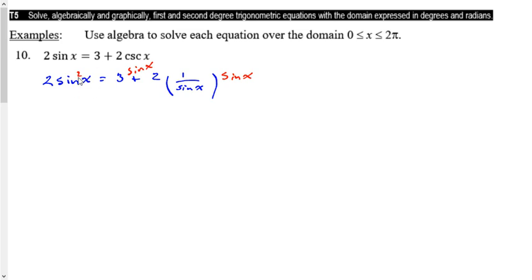So again, remember that notation with the 2 here, that just means sine x times sine x. So that'll give me 2 sine squared x is equal to 3 sine x plus 2. And then I'll collect everything to one side.